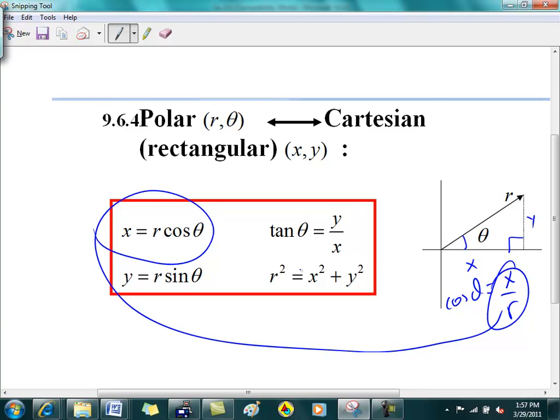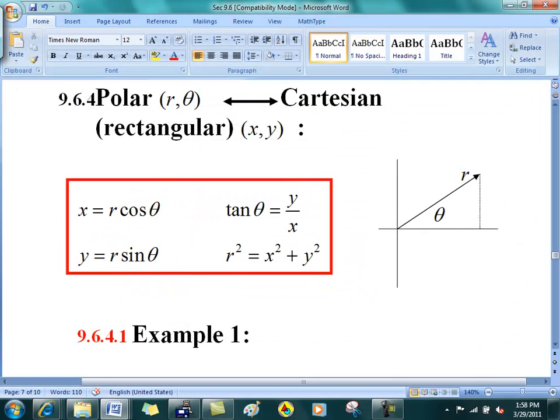Where does this come from? Pythagorean theorem. Good job. Is everybody okay? So you got to know these equations. Will these equations be given to you on the test? No. And the answer is no. Okay, you guys got these equations? Okay, fairly straightforward. Okay, let's do some examples then.